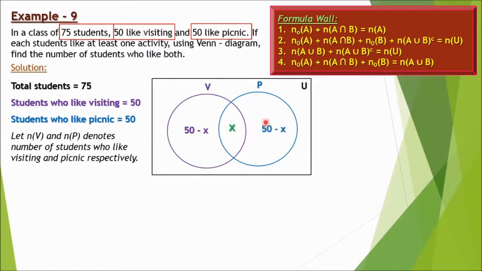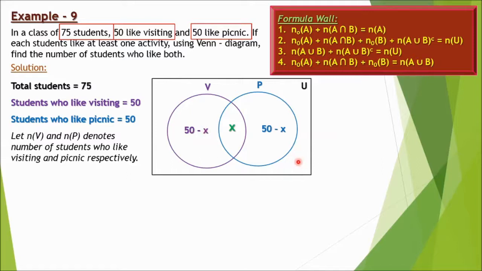So to write the value in this region, we have to subtract the number of students whose interest is common. We have to do the same on both sides. So what will be outside here?